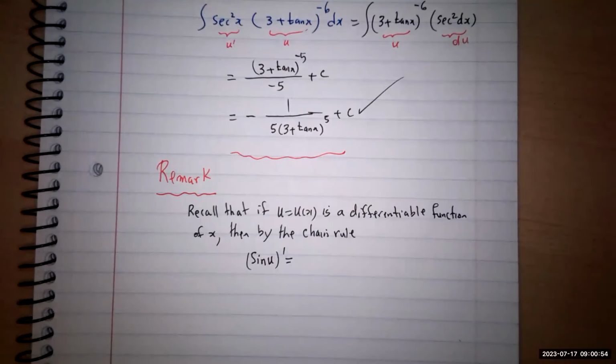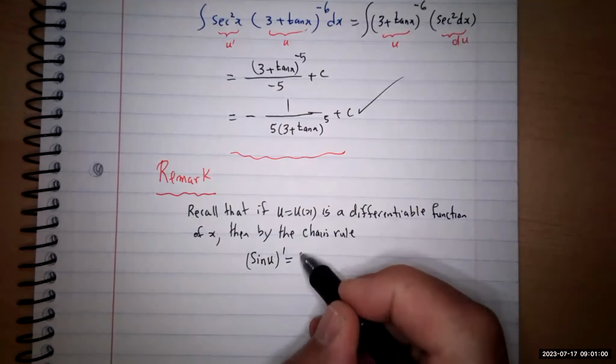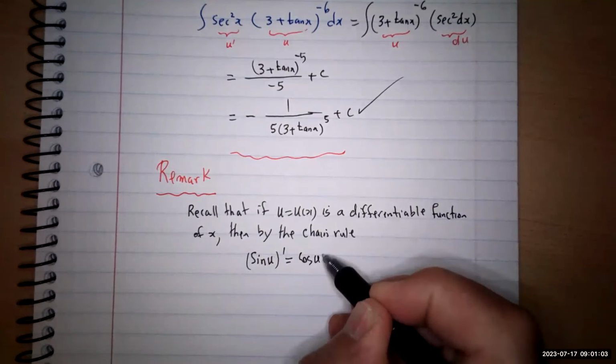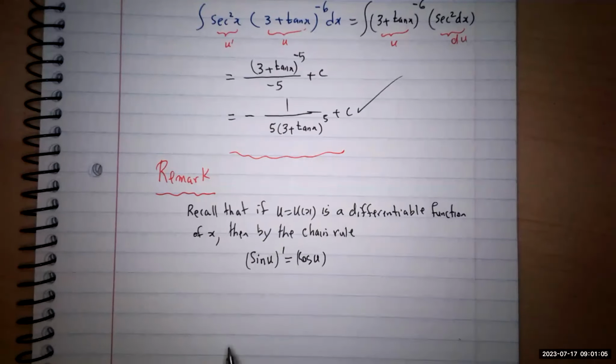Remember, it was a composition of two functions. So derivative of the outside times the inside. What's the outside? Derivative of sine is cosine. Cosine u times the derivative of the inside. Derivative of the inside is u prime.